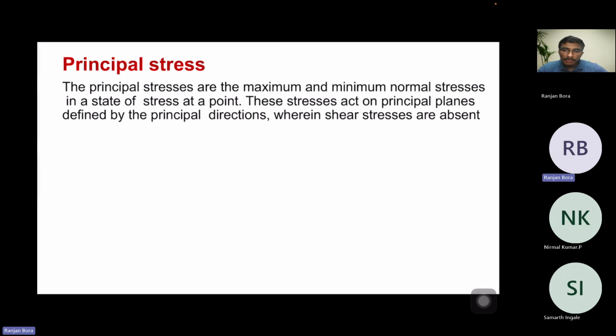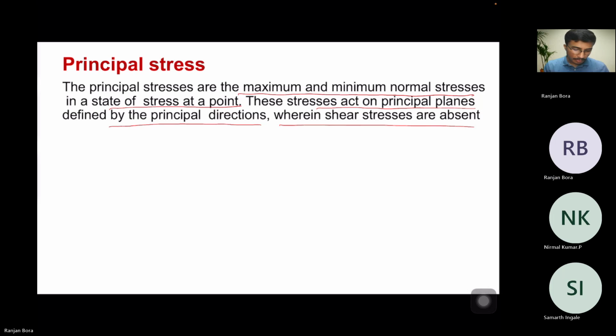Now there is one more concept, which is principal stress. So what is a principal stress? The principal stresses are the maximum and minimum normal stresses in a state of stress at a point. These stresses act on the principal planes defined by the principal directions, and their shear stresses are absent.